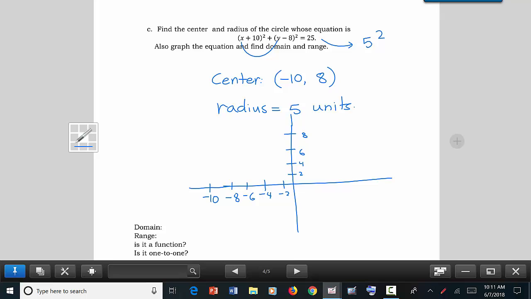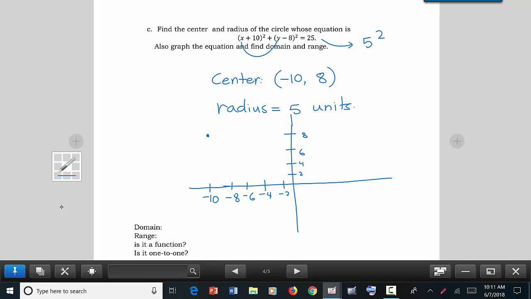So the point is somewhere here. Here is the center. Now the radius is 5.